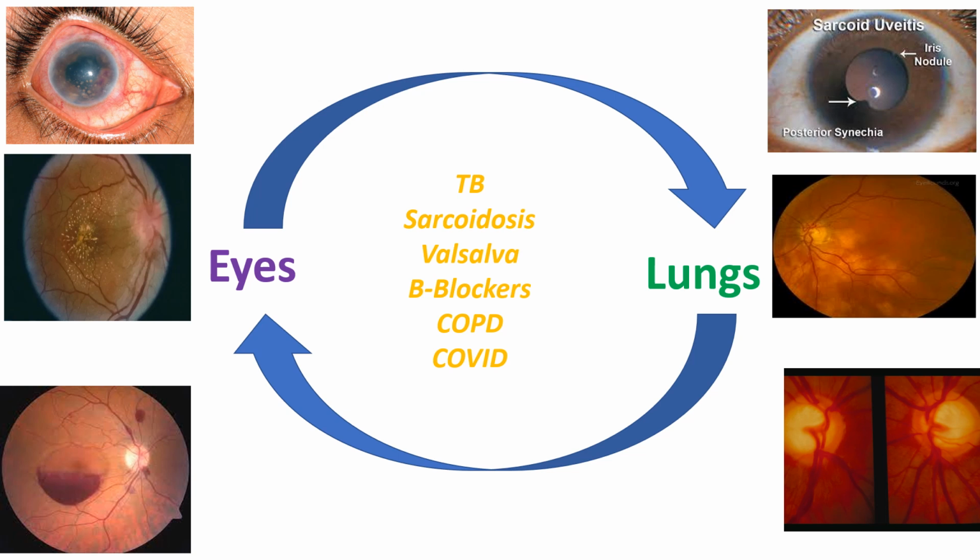The bronchospasm from beta blockers in the treatment of glaucoma is a well-known side effect on the chest. COPD also has a lot of perioperative implications during anesthesia and intraoperatively with eye surgeries.